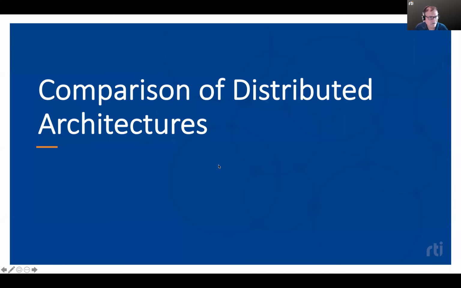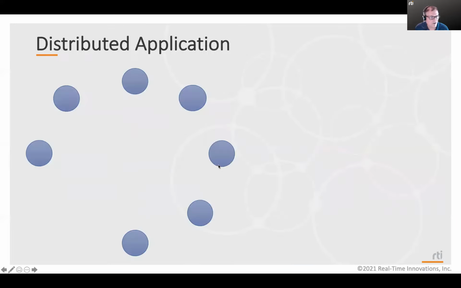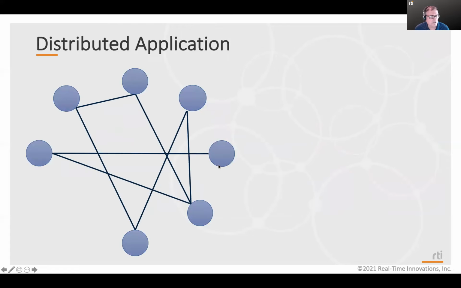So let's compare DDS to other architectures. Typically, before DDS, when one starts out designing, you would use sockets and connect those up, and generally speaking you'd pretty much hard code who's talking to whom.